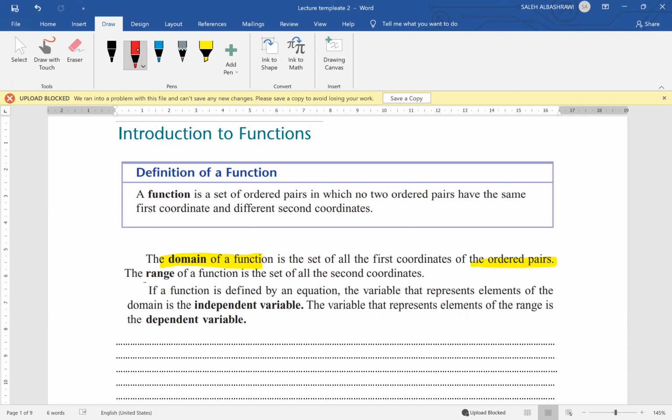For example, if I have the set of ordered pairs (1, 2), (3, 4), (5, 6), (7, 8), this is a set of ordered pairs. And since all the first coordinates are different, then this is a function.